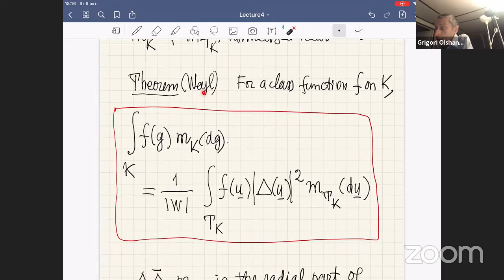And the Weyl formula says the following. If you have a good, say continuous, function on K, which is a class function, meaning that it is constant on conjugacy classes, then we get this formula.